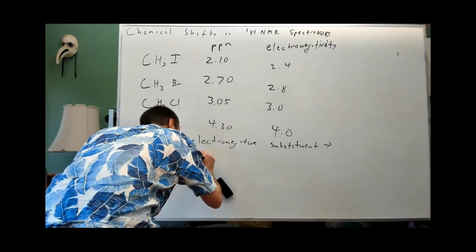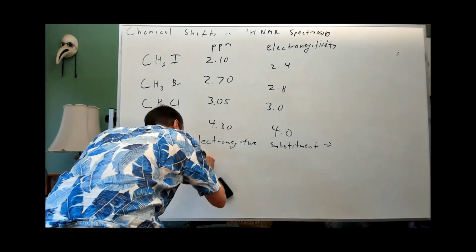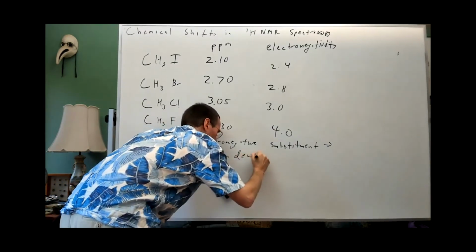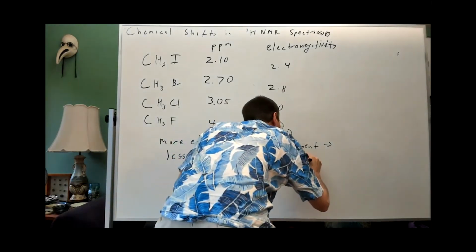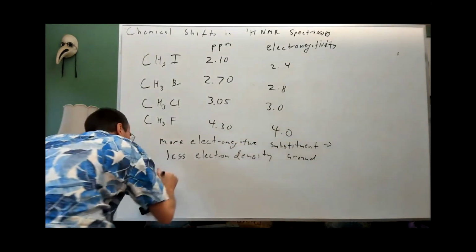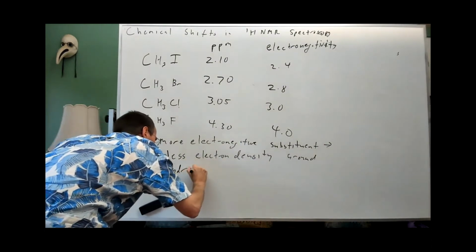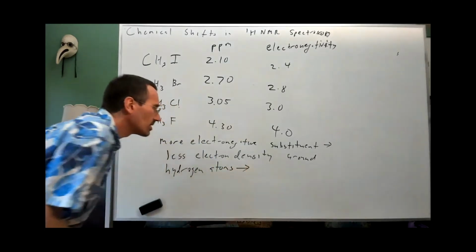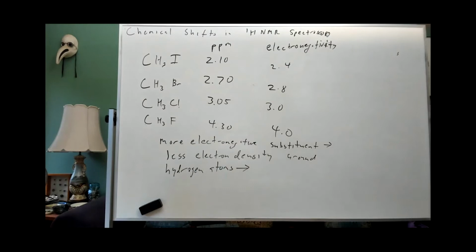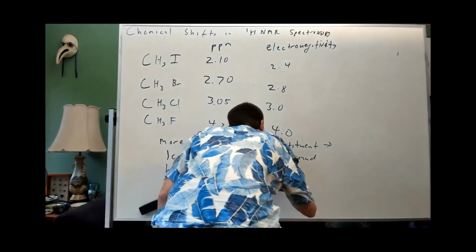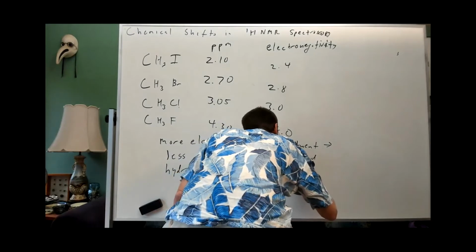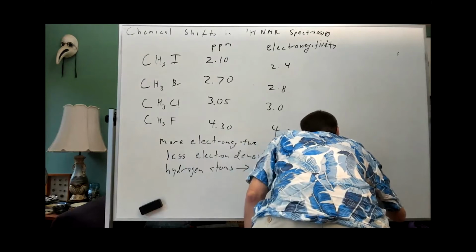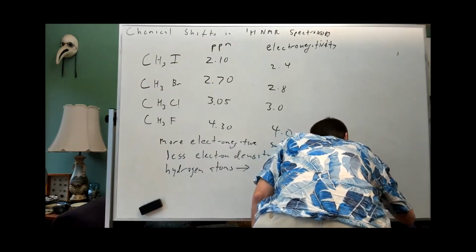The inductive effect pulls electron density away. And that leads to the hydrogens being de-shielded, which we call downfield relative to the other end of the spectrum.